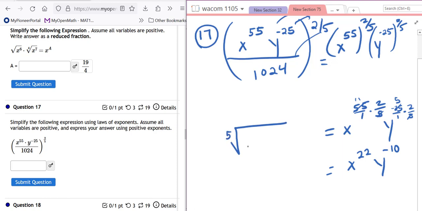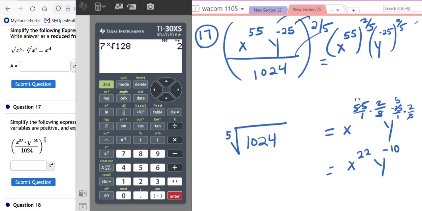So let's see, 5th root of 1024. So we would try a calculator there. All right, so 5, second, any root, 1024 equals, and I expected that to work out. So this gives me a 4, and then I will raise it to my other power.